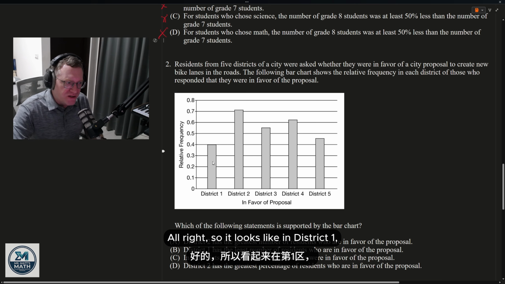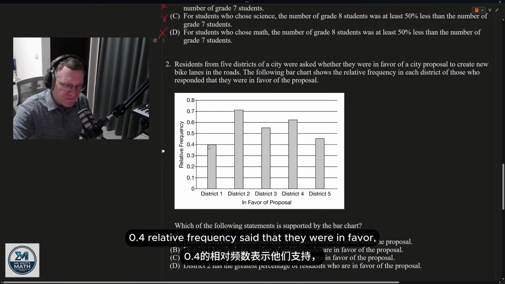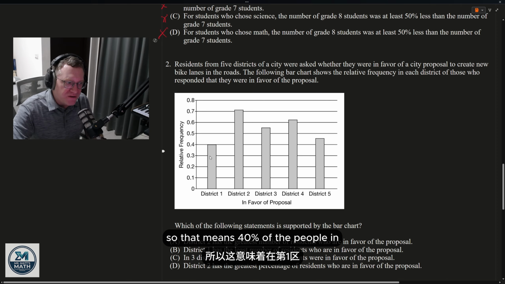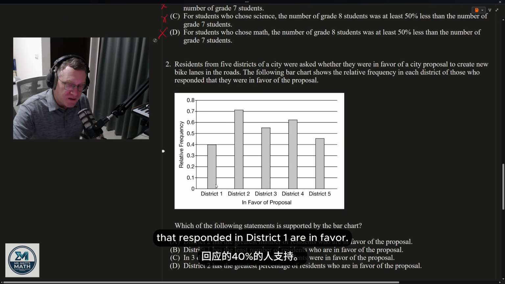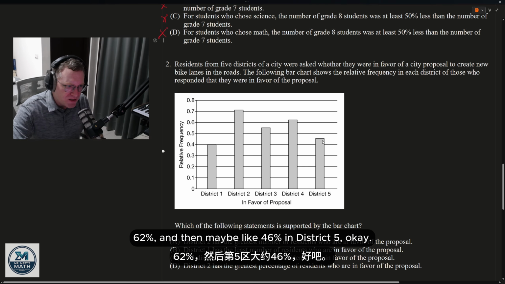All right, so it looks like in District 1, 0.4 relative frequency said that they were in favor. So that means 40% of the people that responded in District 1 are in favor. Looks like 71% or so in District 2. Looks about 55%, 62%, and then maybe like 46% in District 5.